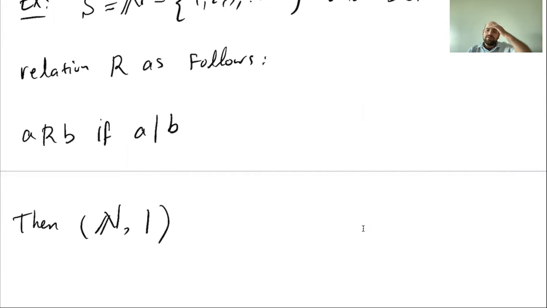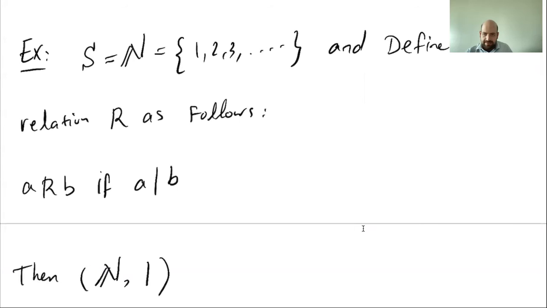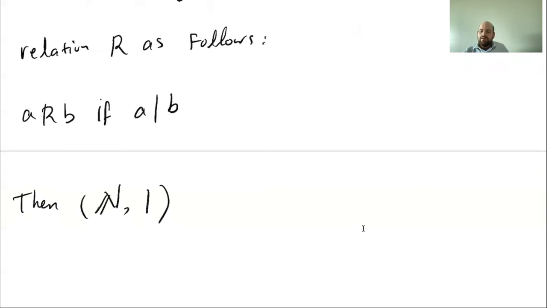This is a dividing relation because we define A to be in relation with B if A divides B. Please remember A and B here are elements of S, a set of natural numbers.